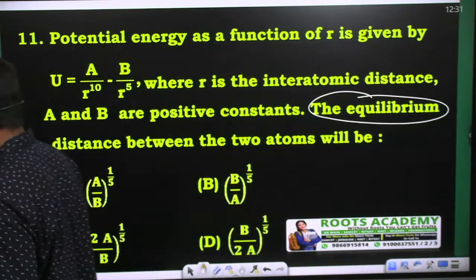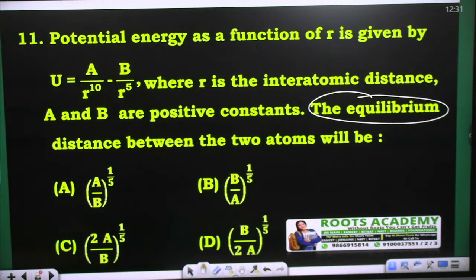So when will a system be in equilibrium? When the net force on it is 0. When the net force on a system is 0, you can say that it is in equilibrium. So using potential energy, how do you calculate the force?